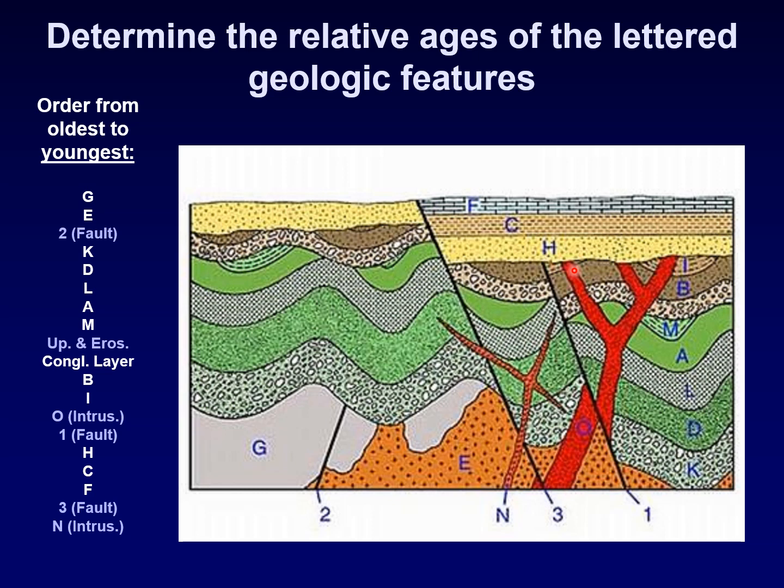It's not an angular unconformity. It's a nonconformity, because here we've got igneous rock overlain by sedimentary rock. So in this little section here, we've got two unconformities. We've got an angular unconformity between I and H, or B and H here, but we've also got a nonconformity between O and H here.